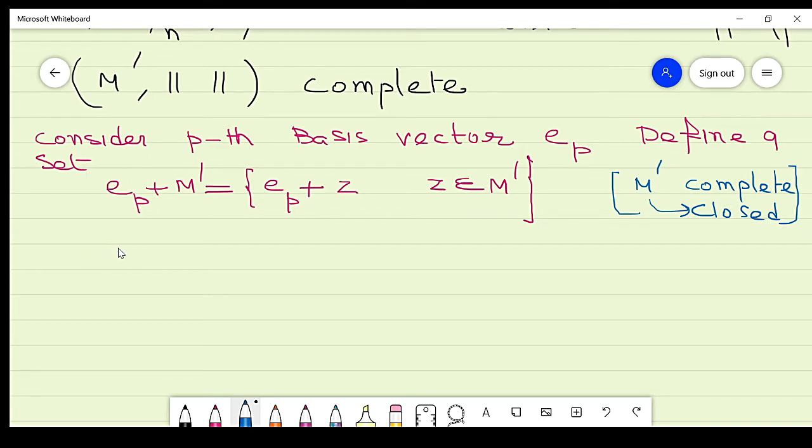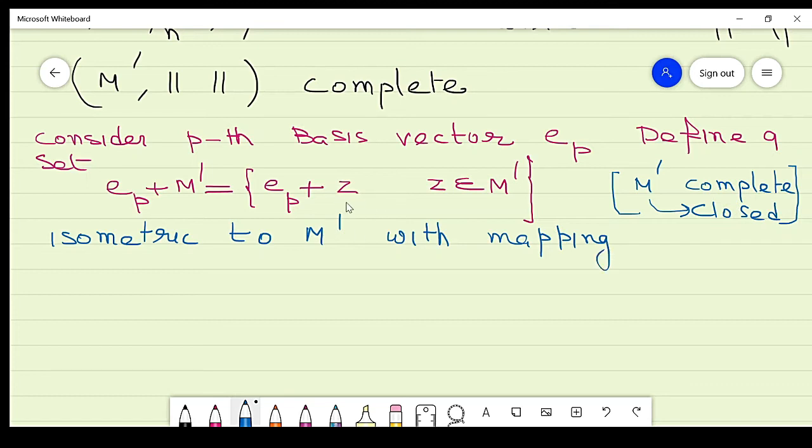Second, this set is isometric to M dash, with the mapping from Z in M dash to Ep plus Z, right? There is no need to prove it.